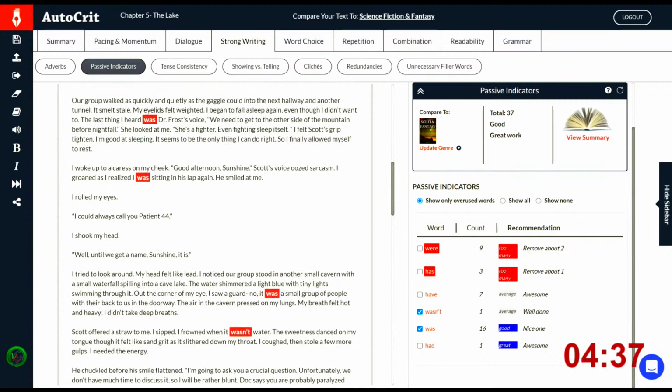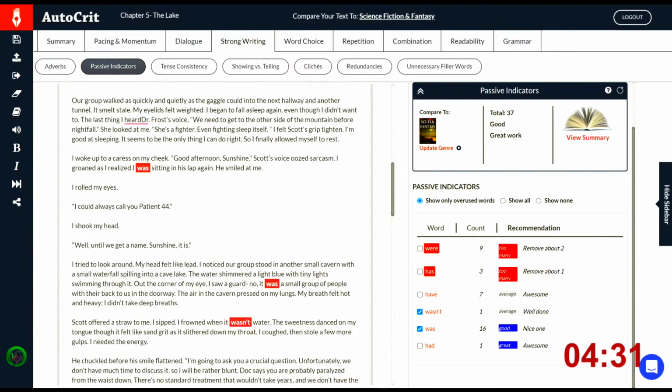Last thing I heard was Dr. Frost's voice. All right. The last thing I heard Dr. Frost said, just keep it simple. All right.